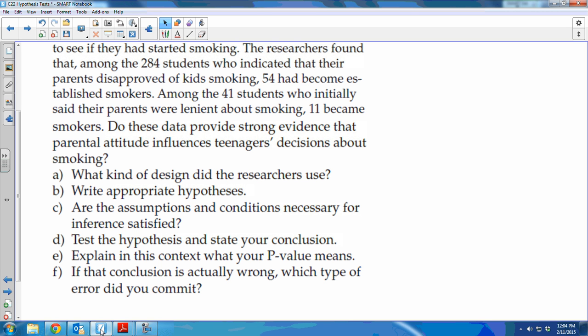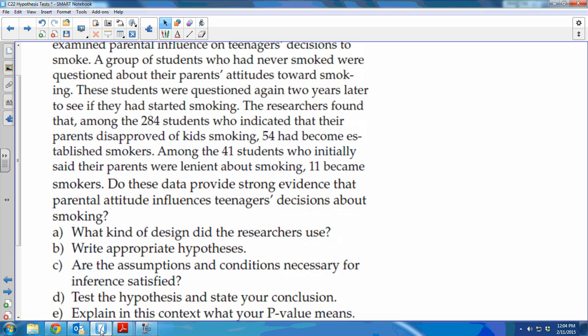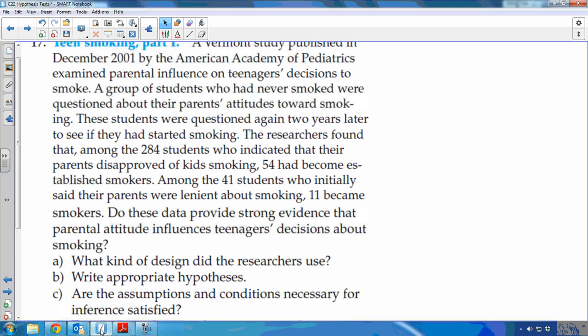What's the next condition? Random. Does it say they're a random sample in the question? No. So do not say the two groups are selected randomly. That did not happen.